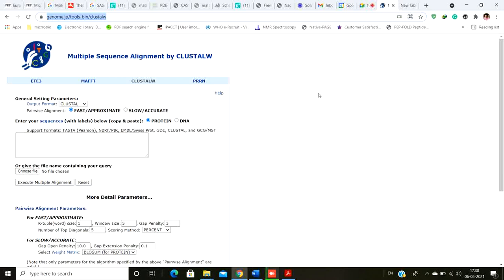As I've told you, this particular web server uses a progressive alignment method. In this, the sequences with the best alignment score are aligned first, and then progressively more distant groups of sequences are aligned. This heuristic approach is necessary due to the time and memory demand of finding the global optimal solution.